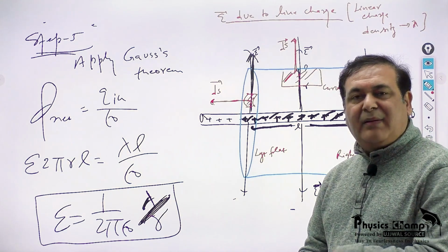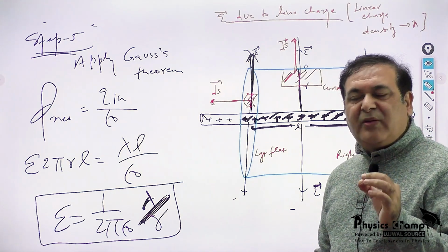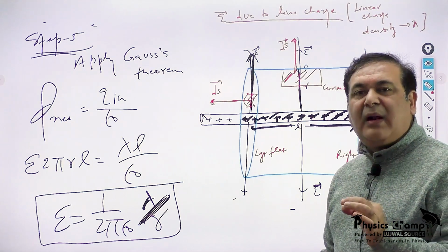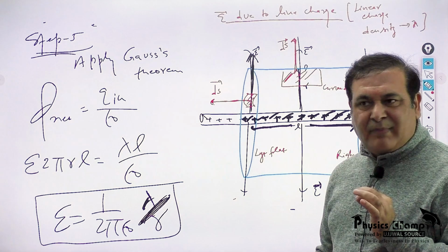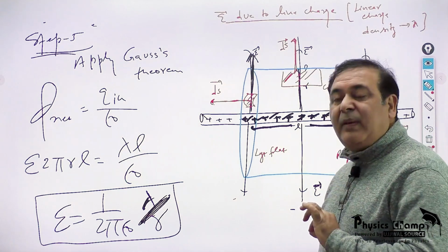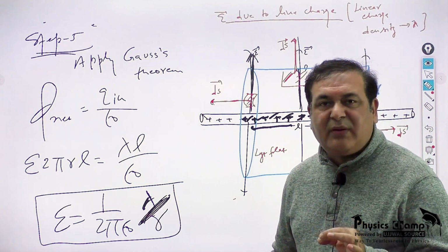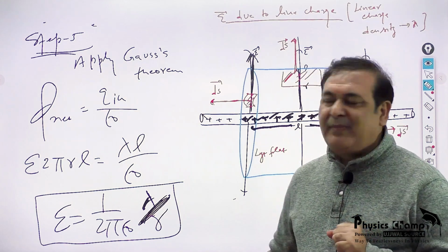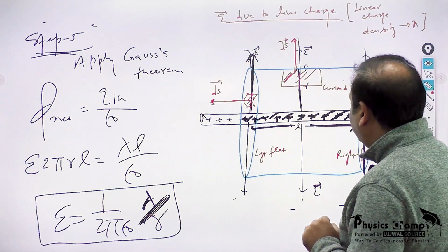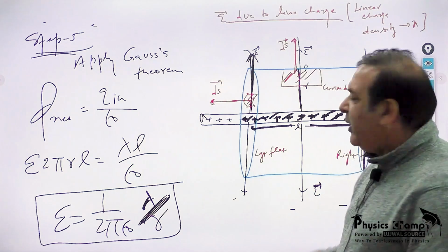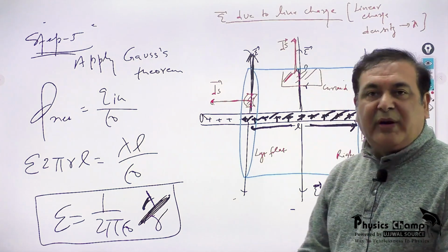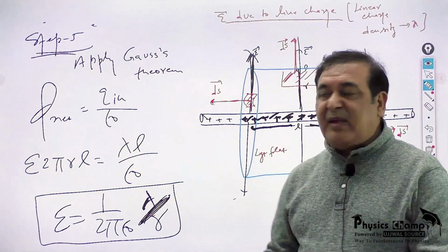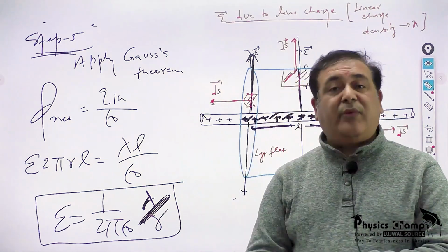Again I'll repeat, the first step is to assume a Gaussian surface such that point P lies on it. Preferably, the shape of the Gaussian surface should be the same as that of the source charge. So you assumed a Gaussian surface that was a cylinder, and point P is on it. Its radius is r, the same as the distance of point P from this line charge.